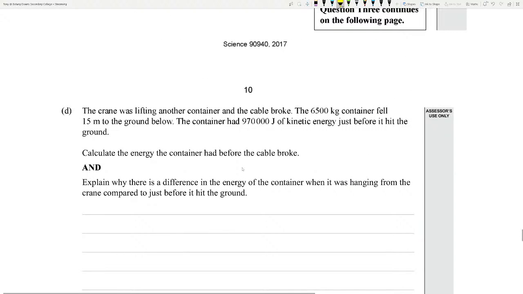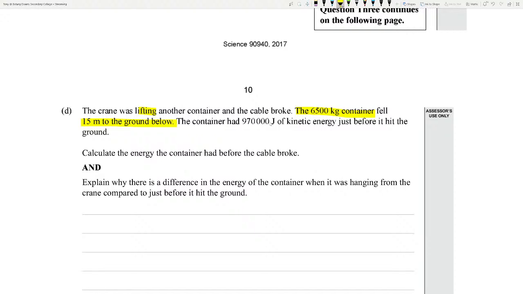And this is the last question, I believe. The crane was lifting another container. Calculate the energy the container had before the cable broke. Okay, so the crane was lifting and the cable broke. So you need to calculate the EP. You can see the number I just highlighted.